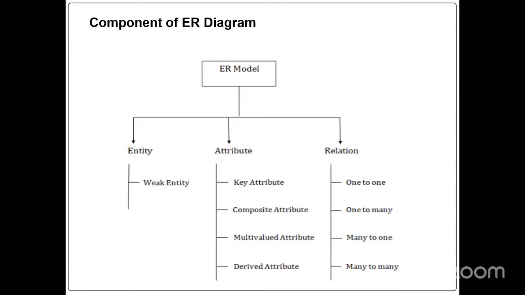Composite attribute is divided into further parts. Multi-valued attribute can have a set of multiple values for a particular entity, for example degree or languages known. Derived attribute is derived from other attributes. Example.